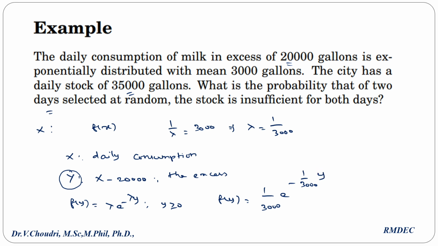Now let us see the problem. What is the probability that of 2 days selected, first day and second day randomly, the stock is insufficient? The city has a stock of 35,000.